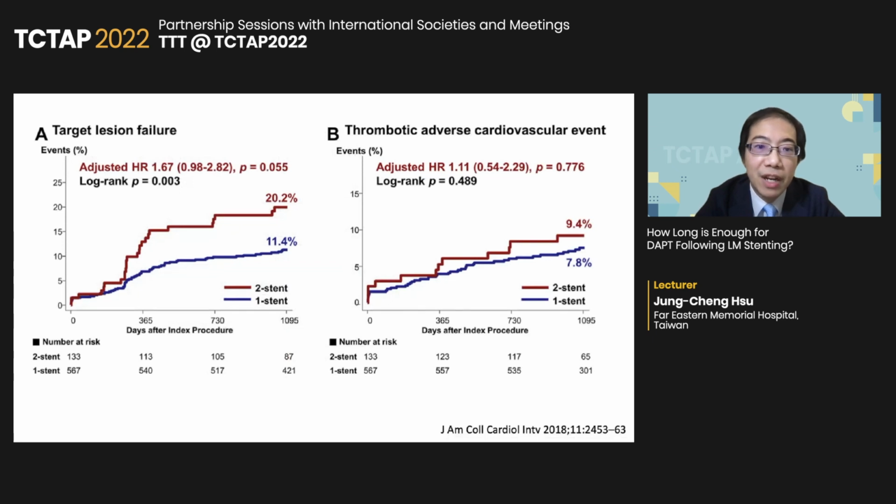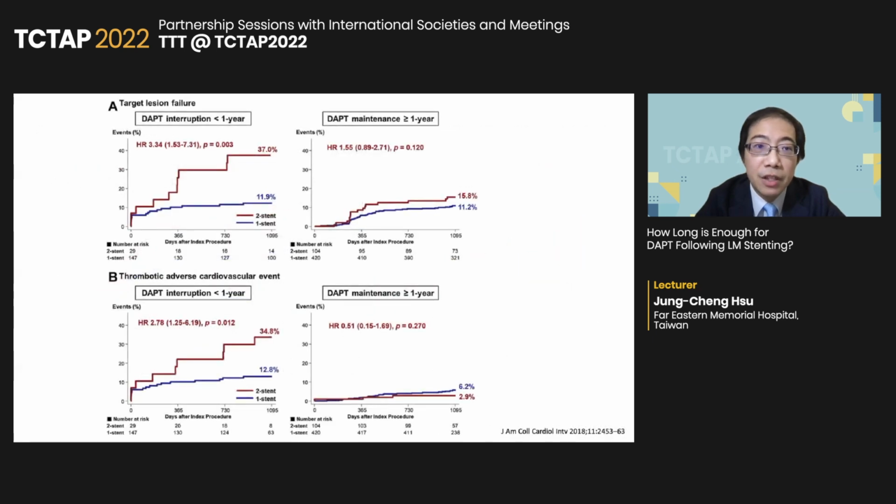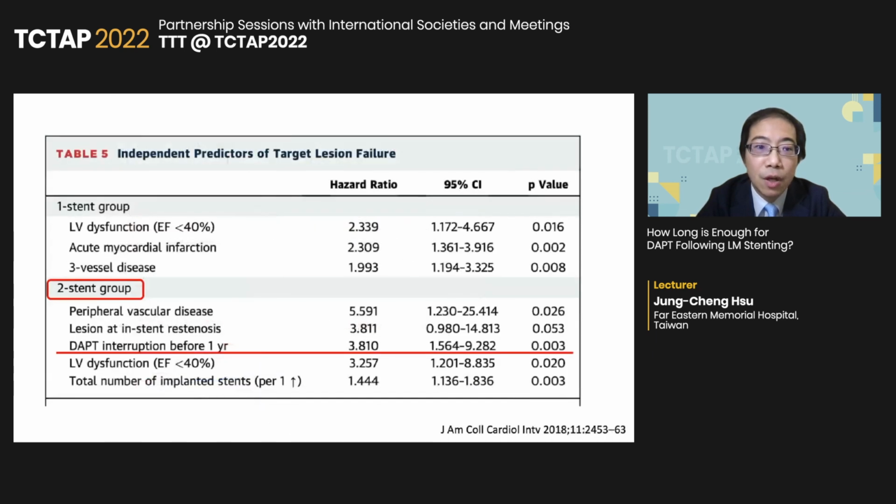For target lesion failure, the 2-stent group has the worst outcome. However, if we look at DAPT interruption less than 1 year, we found that DAPT interruption less than 1 year is the independent predictor of target lesion failure only in the 2-stent group, but not in the 1-stent group.